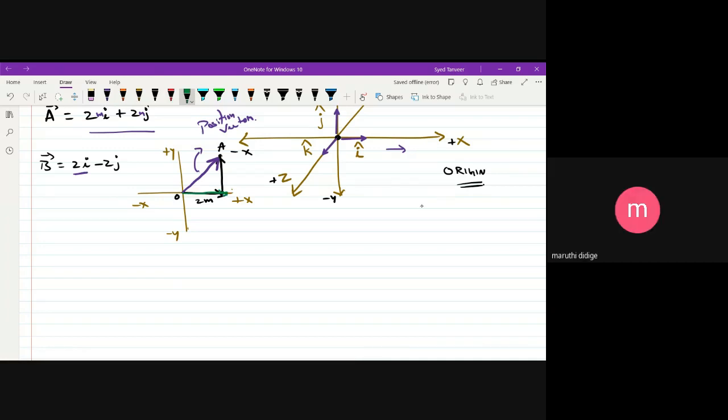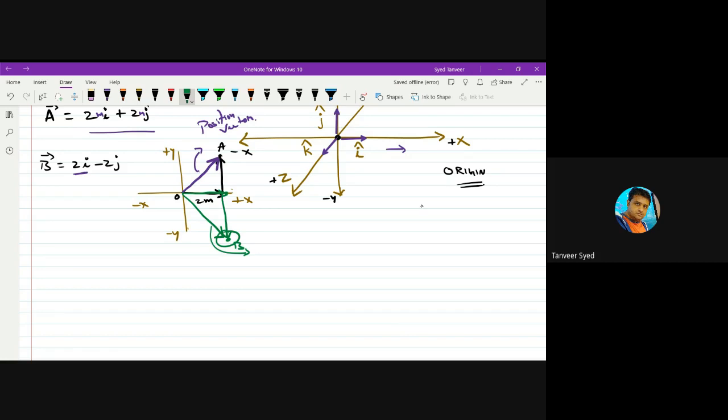Minus 2j tells you go 2 meter along minus j direction, which is negative y-axis. You come down here and end up here. Now, if I connect origin to this point, this is vector OB. So this is another position vector which gives you the position of point B.